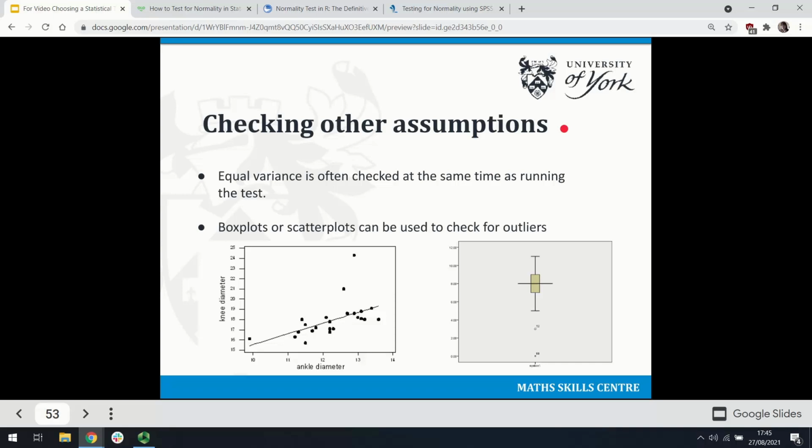Sometimes it's not that obvious. So you might want to make a scatter plot, and then you can see that this is an outlier and this is an outlier. Another way is creating a box plot, and then there's a mathematical formula used to determine whether a data point is an outlier, and it's plotted as a circle or a star, depending on what software you're using.